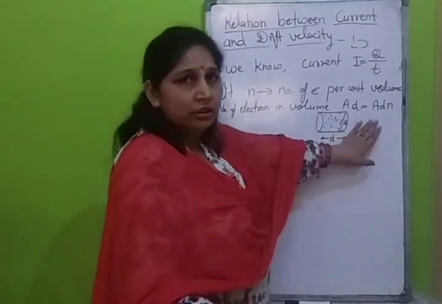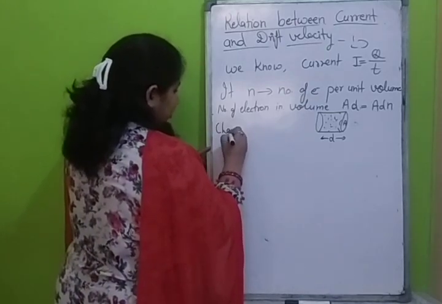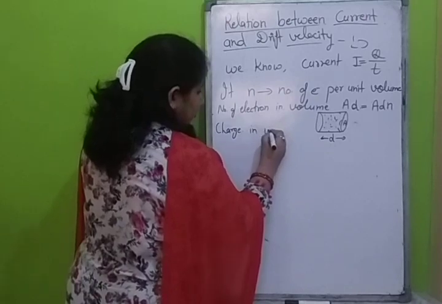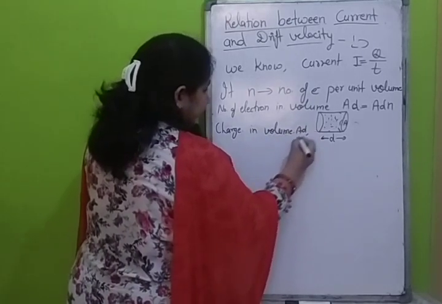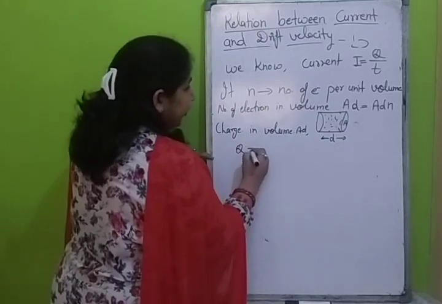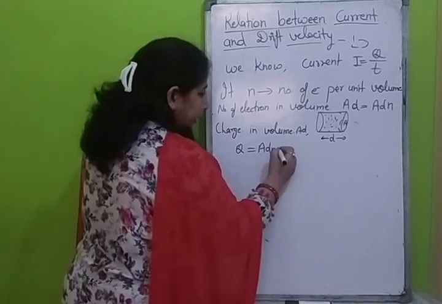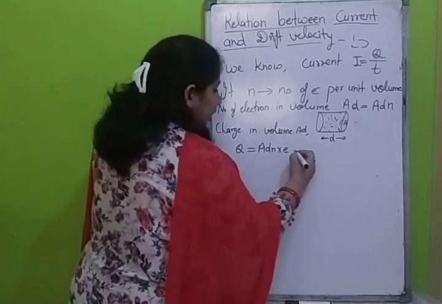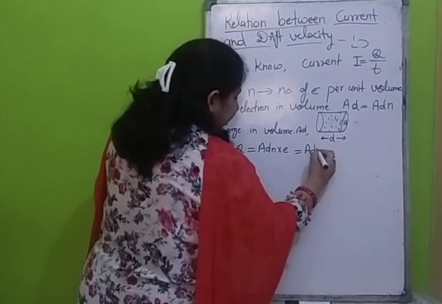Is it? Okay. Now, charge in volume A d, Q is equal to number of electrons into charge on one electron e, then total charge will be A d n e.